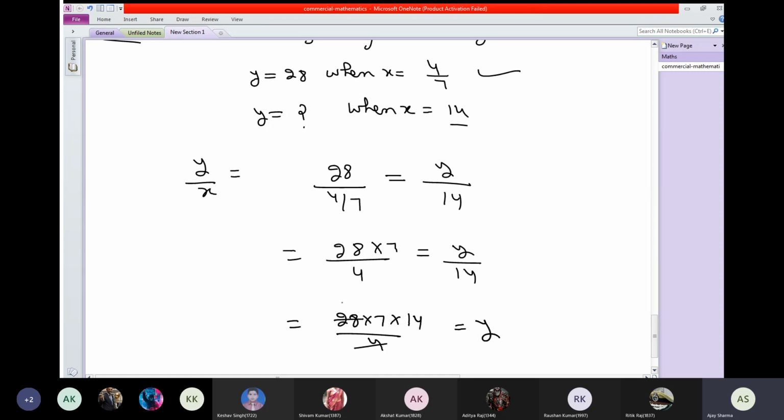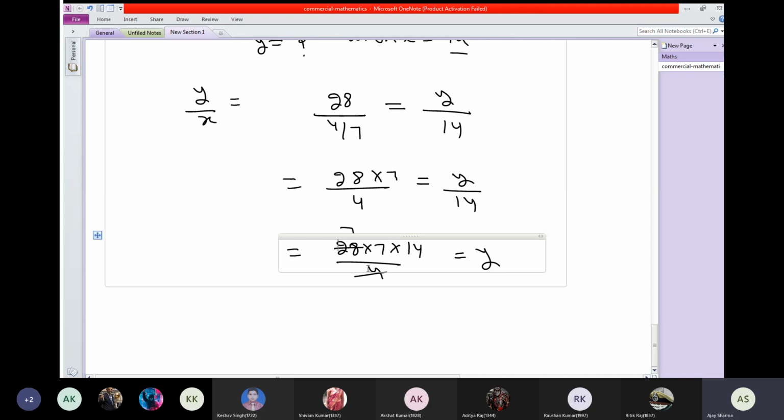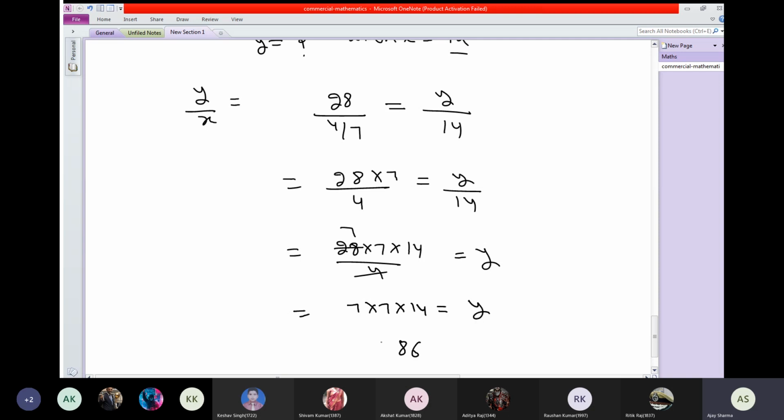Then 4 into 1 is 4, 4 into 7 is 28. Now what you have to do? Multiply these. 7 multiplied by 7 multiplied by 14. What will be the answer? Check it. Multiply the number 49 by 14 and tell me the answer after multiplying. Yes?